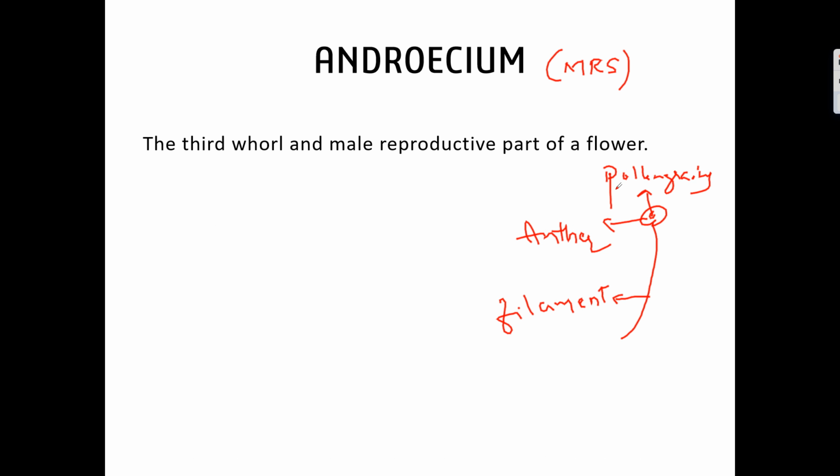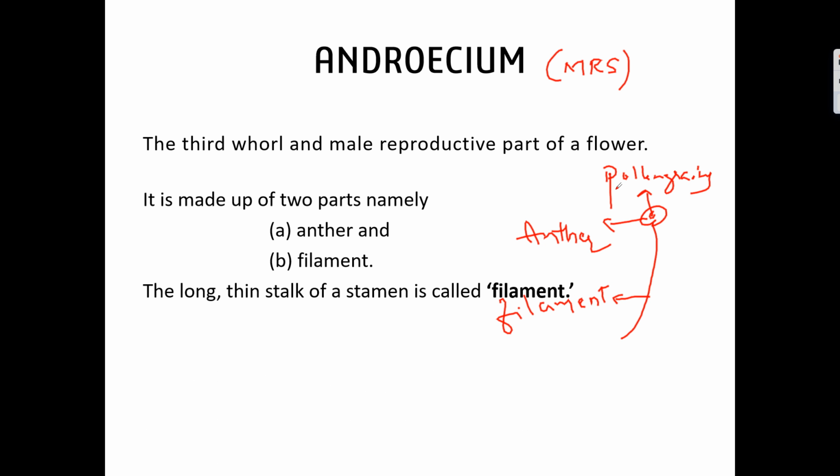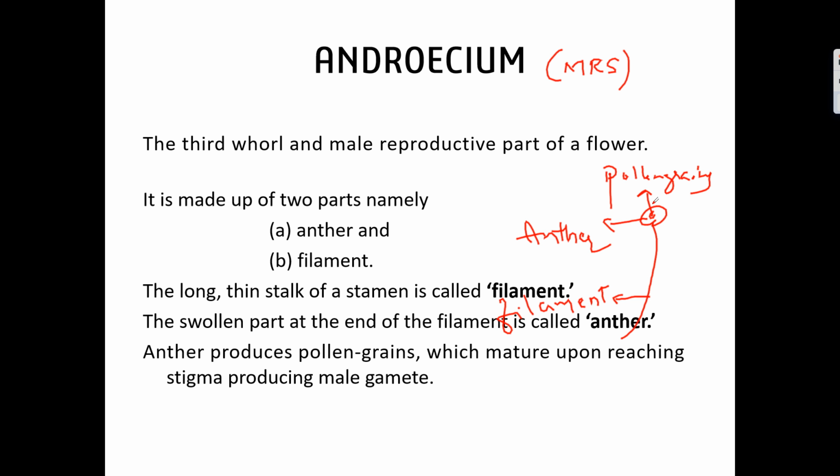This is the third whorl and the male reproductive part of the flower. It is made up of two parts, anther and filament. The long stalk-like structure is called the filament, and the swollen part at the end of the filament is the anther. This anther produces pollen grains, which upon maturation form the male gamete.